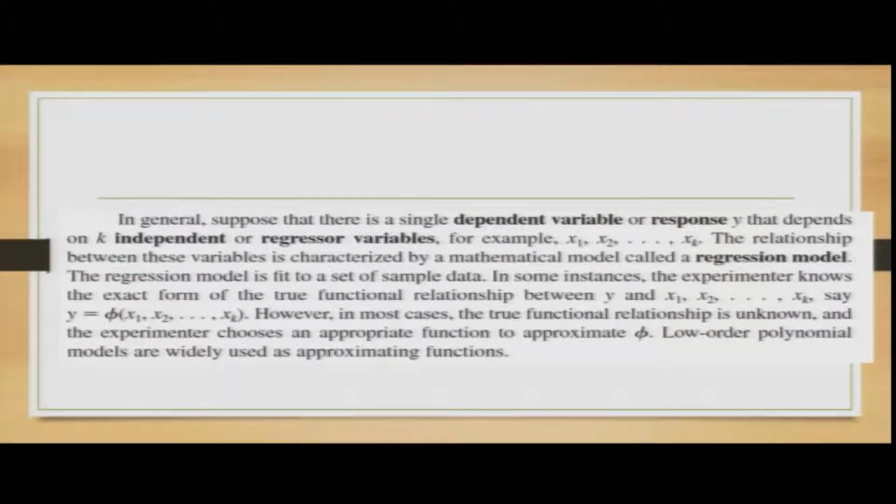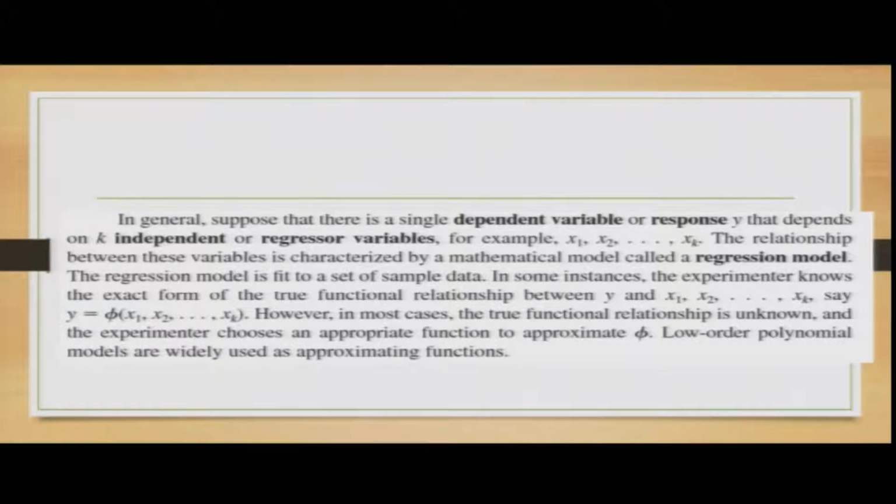In general, suppose there is a single dependent variable or response y that depends on k independent or regressor variables, for example x1 to xk. The relationship between these variables is characterized by a mathematical model called the multiple linear regression model. The regression model is fit to a set of sample data points which are n in number.